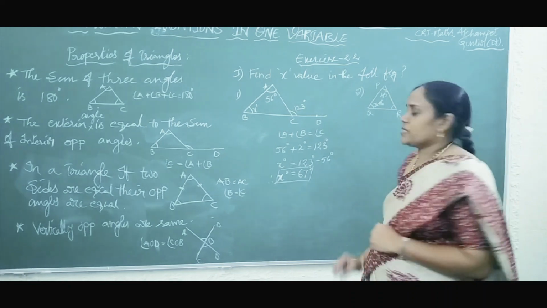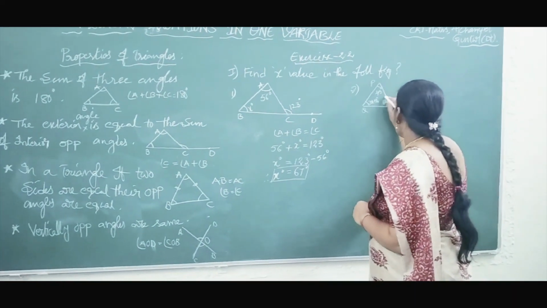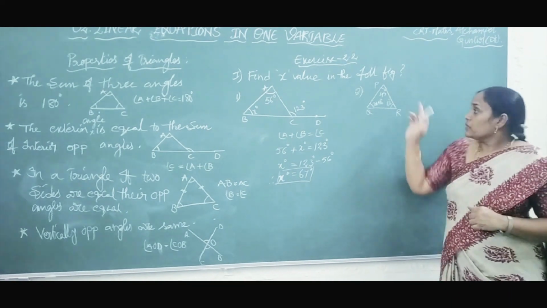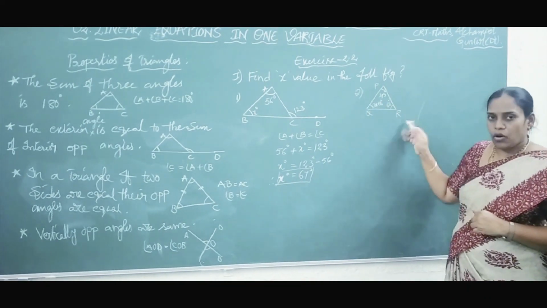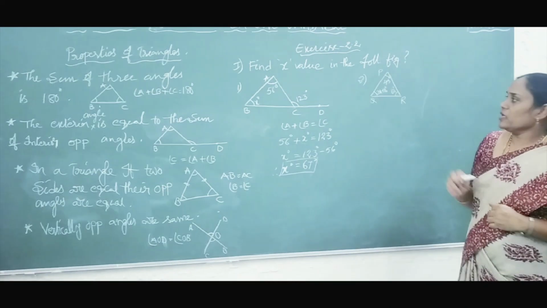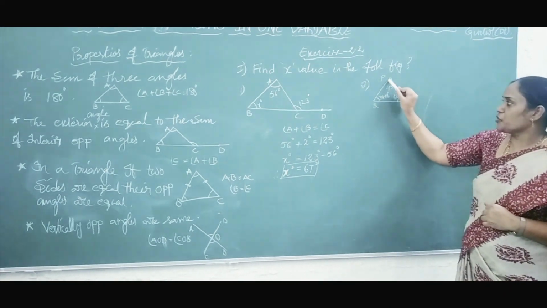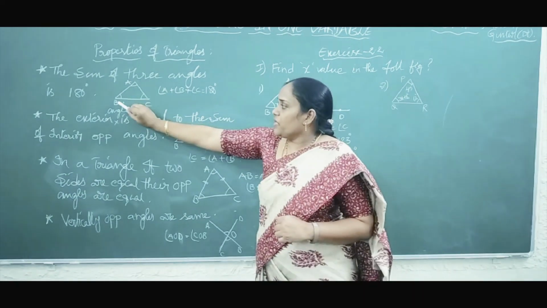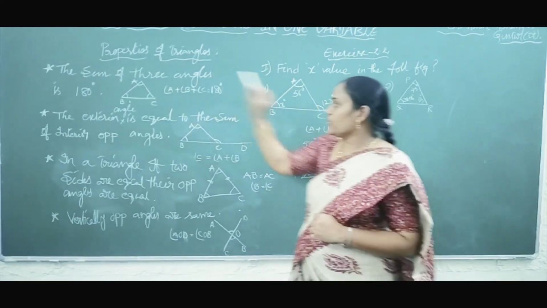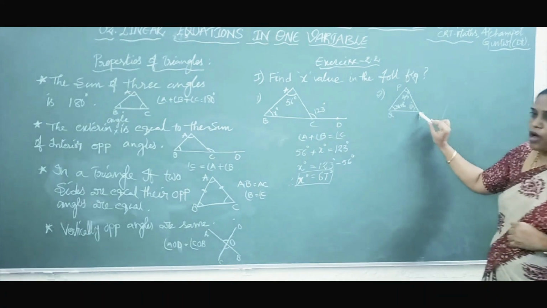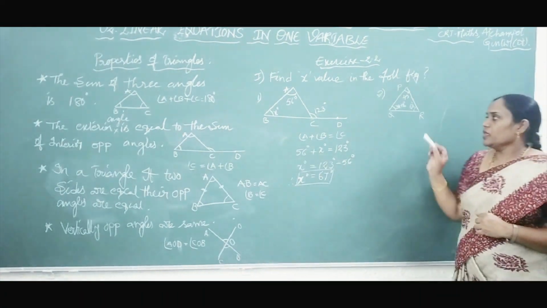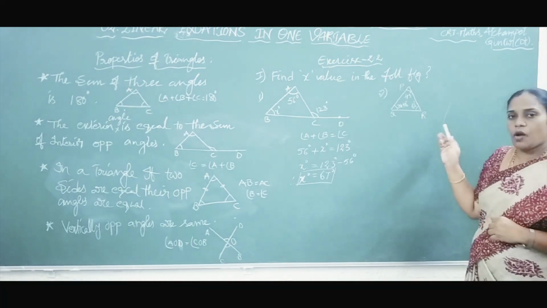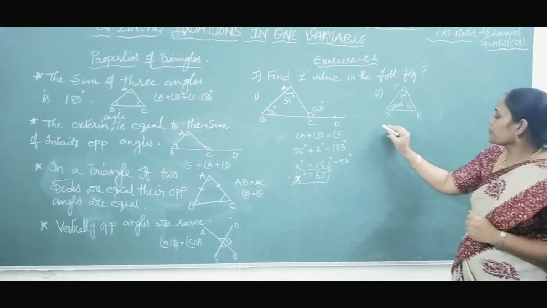Now, the first property: the sum of the three angles is equal to 180 degrees. In triangle PQR, angle P plus angle Q plus angle R is equal to 180 degrees.